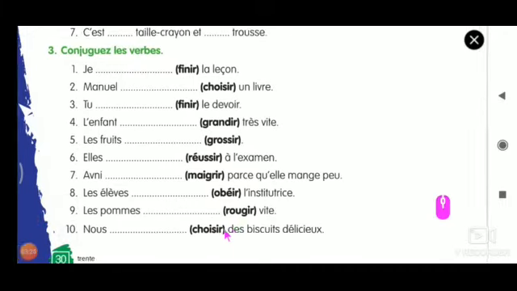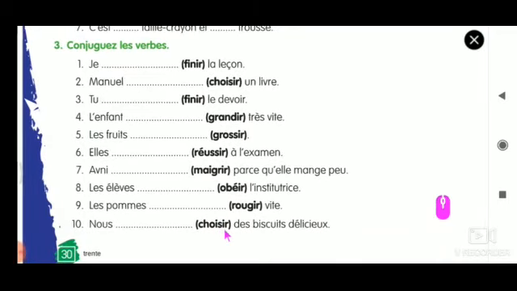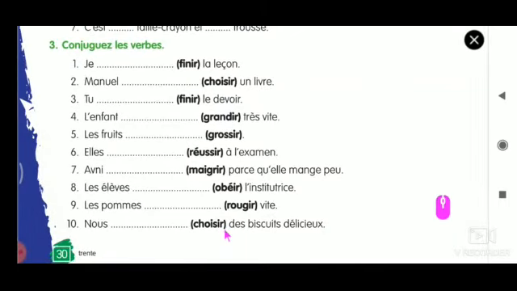So the radical is CHOISIR. We have to omit the R and the radical is CHOISI. So to this radical we have to add SSONS. So that will be the answer.